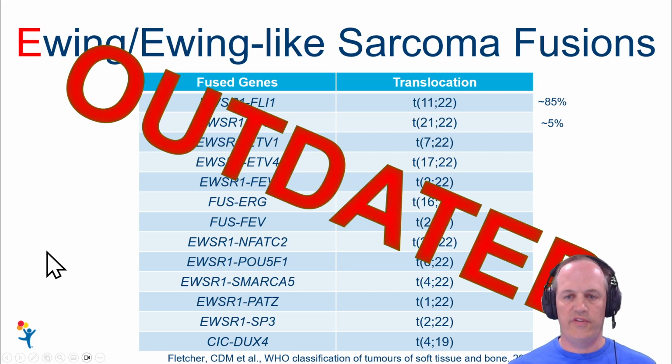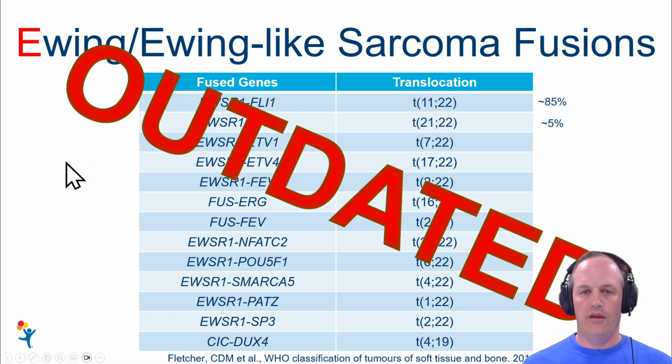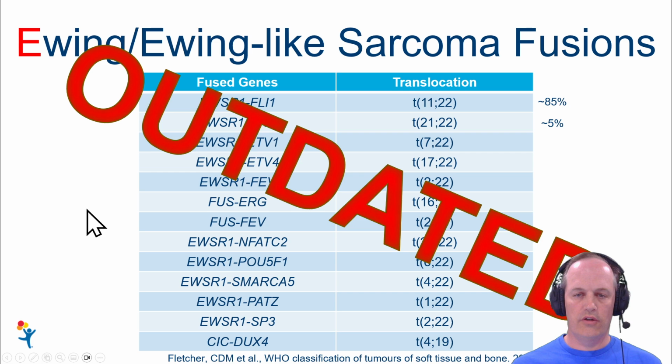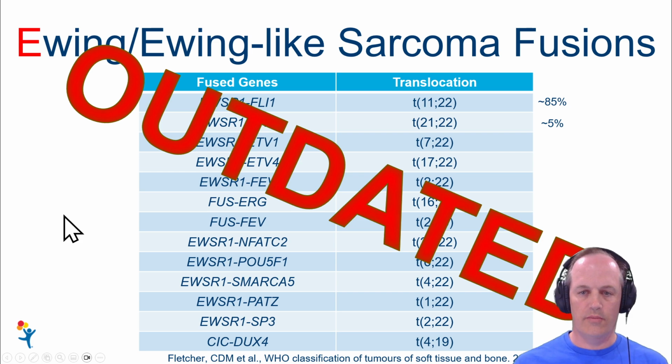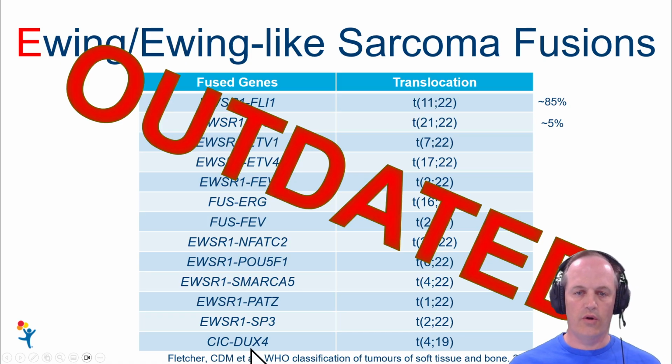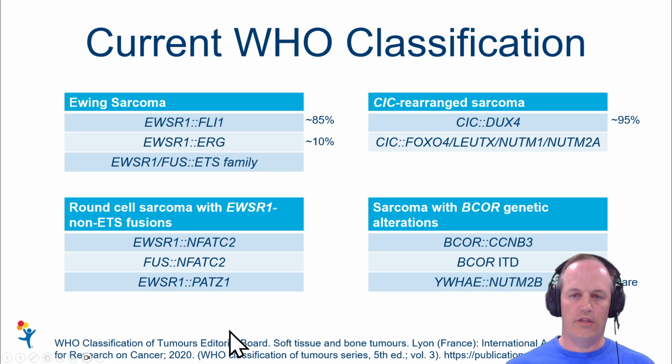So this is the previous classification from the WHO, Ewing sarcoma and Ewing-like sarcoma. This is no longer the current terminology. And what's changed is that many of these fusions, particularly the CIC-DUX4, have now dropped out into their own categories. So this is what the current WHO looks like.